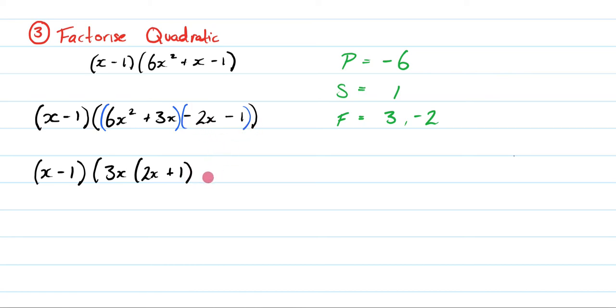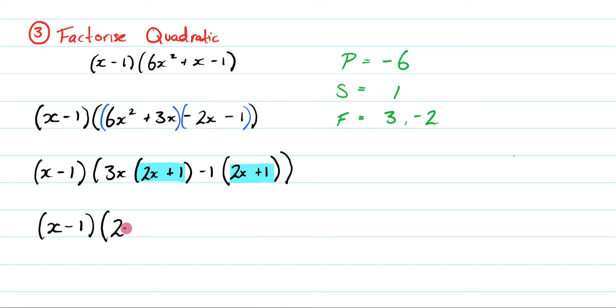Over here I can take out a common factor of -1, which is going to leave me with 2x plus 1. You can immediately see that this has worked because I have 2x plus 1, 2x plus 1. So that means now I can go x minus 1, and I can take out this common factor of 2x plus 1, and then I'm going to be left with 3x minus 1. Phew. All right, we're nearly there.